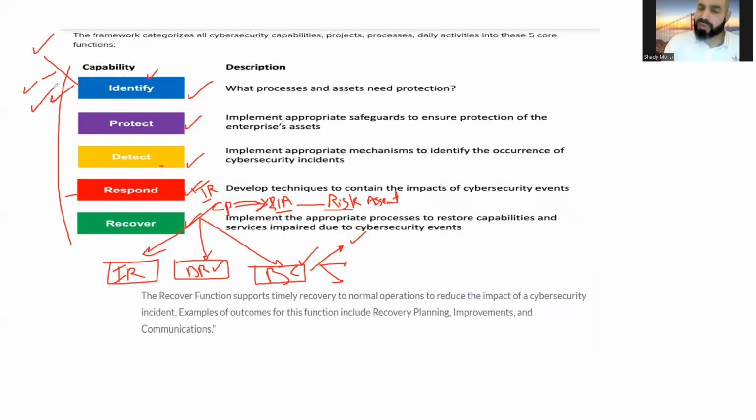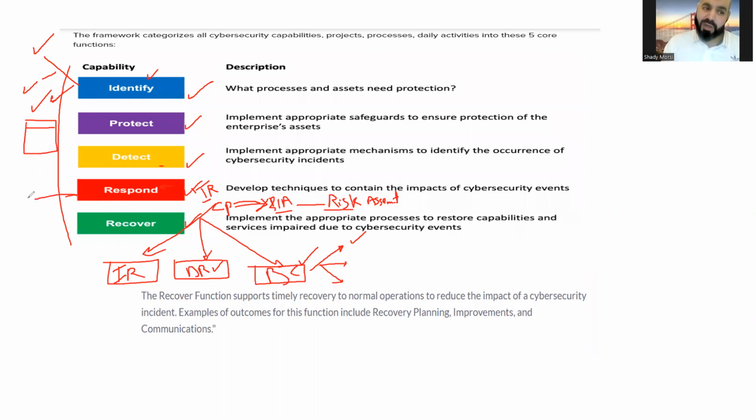Then we implement risk assessment based on maybe a quantitative approach or a qualitative approach, and finally we will have a risk score, and this risk score gives us priorities of which risks we really need to deal with in the organization. While business impact analysis, we do it here in the responding phase. And in the responding phase, we look at the business impact. We look at how to do the business impact.